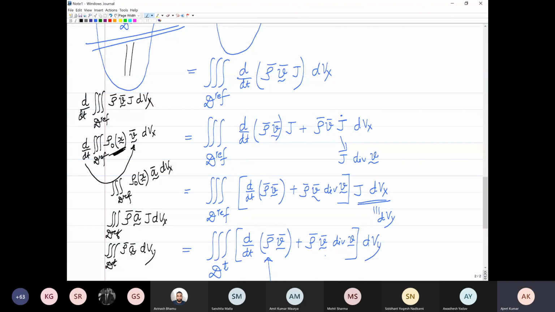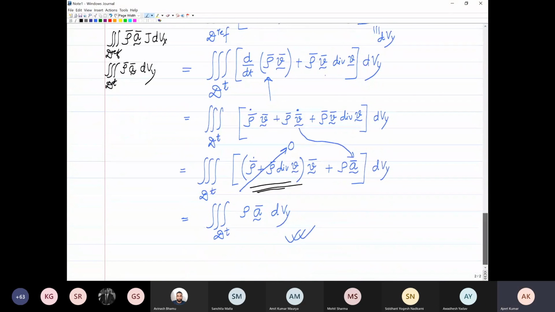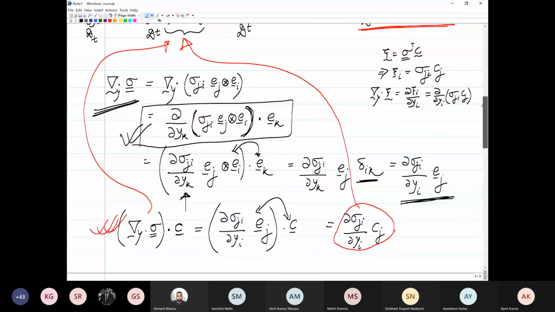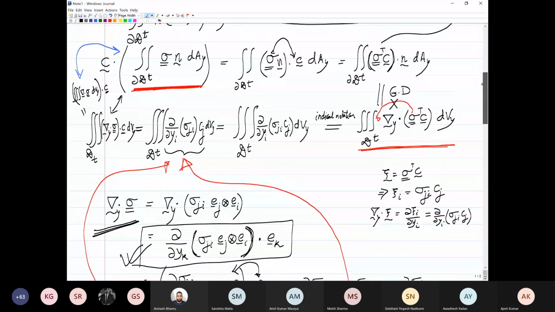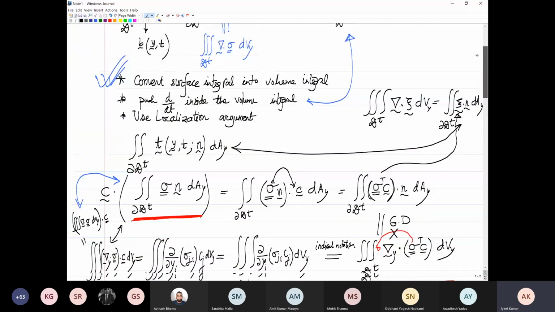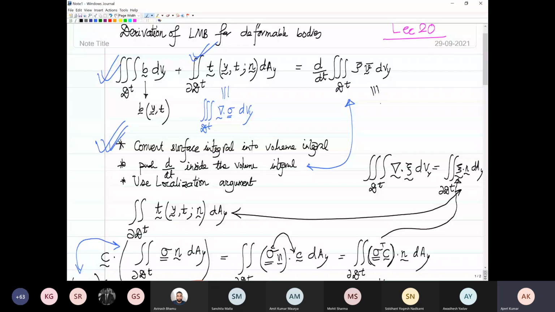Okay, so once we have seen this, now we can go back to our original equations. So this thing is simply integration over dt of rho bar acceleration a bar dvy.